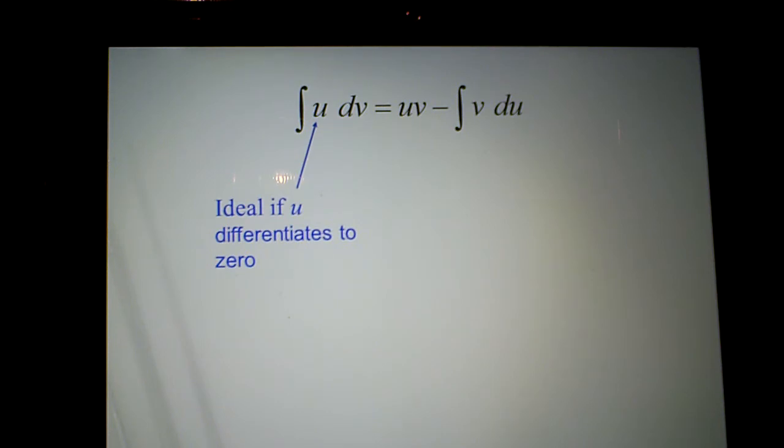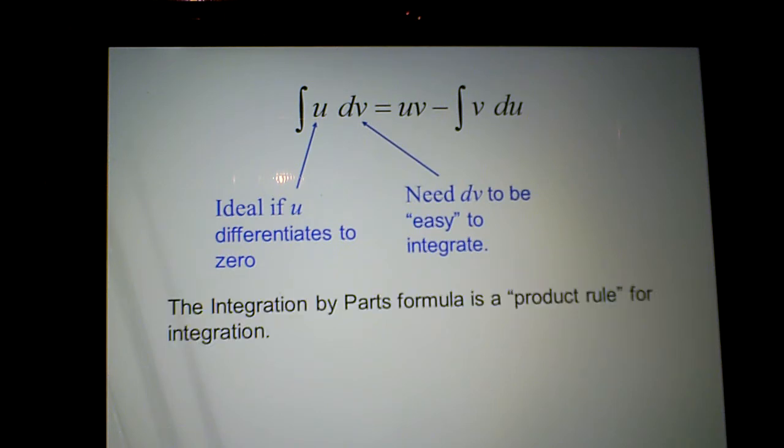And I'll tell you what that means in a little bit. And the rest of the integrand needs to involve a function that is easy to integrate. You can kind of think about the integration by parts formula, or again the IBP, or you know me, as kind of sort of the product rule for integration.